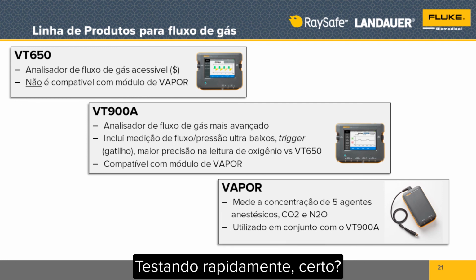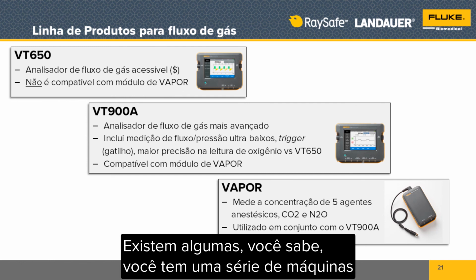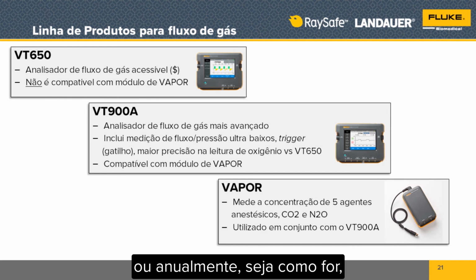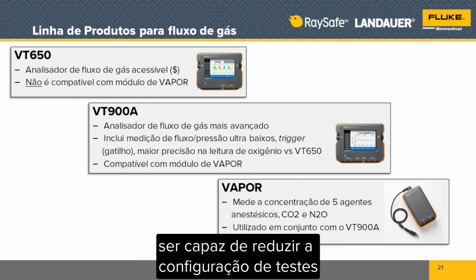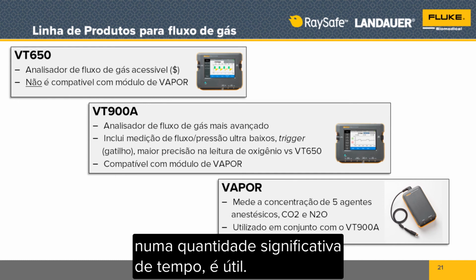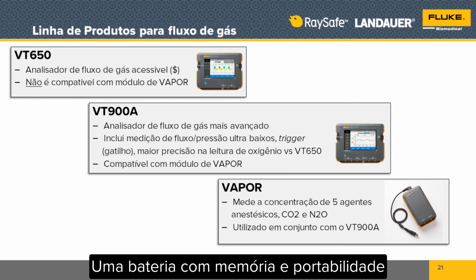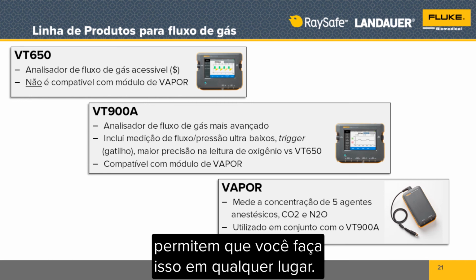Efficiency, right? Testing quickly, right? You have a number of machines that you have to test on a daily or yearly basis, however you look at it, and being able to reduce test setup by a significant amount of time is helpful. So all of our analyzers have that. Again, onboard memory, battery, and portability allow you to do that on-the-go testing.